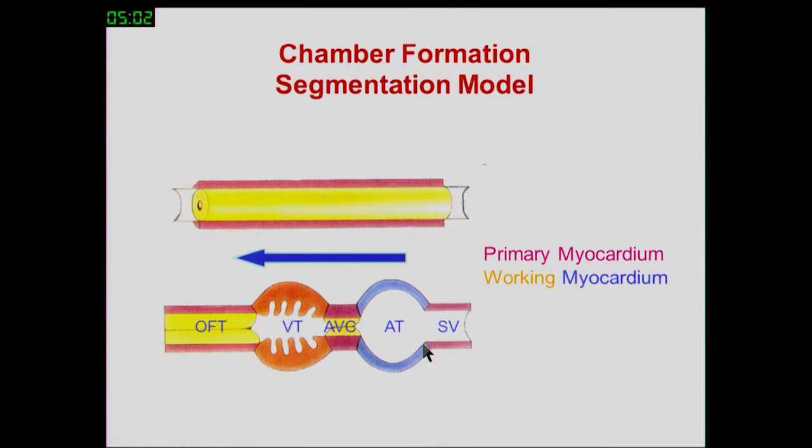In the segment model, atria and ventricles composed of new working myocardium with fast electric conduction property align alternately with the sinus venosus, AV canal, and outflow tract, which still have the characteristics of a primary myocardium.